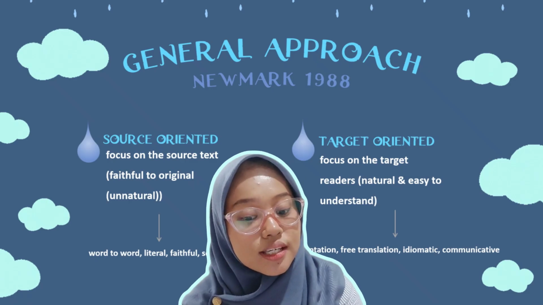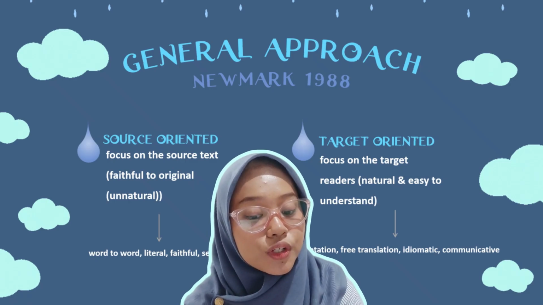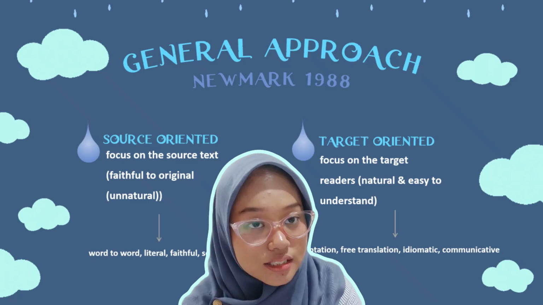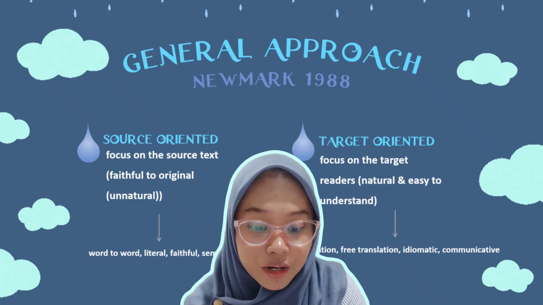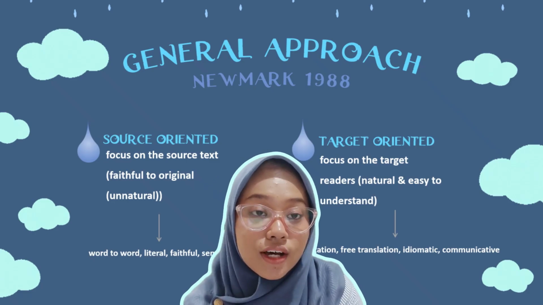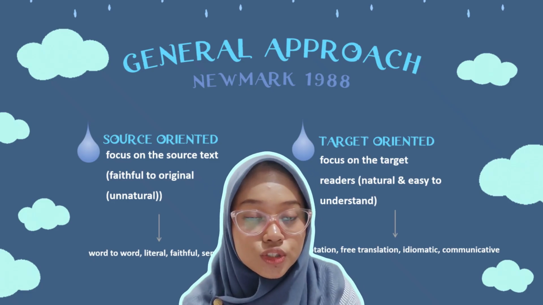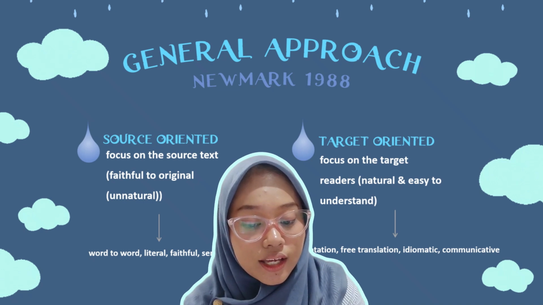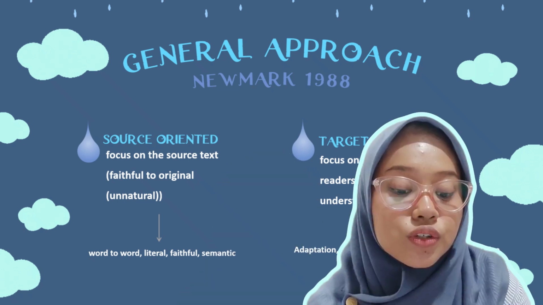And the next is about the general approach. The general approach is the approach that gives birth to various translation methods according to Peter Newmark in 1988. The general approach is divided into two: source-oriented and target-oriented.